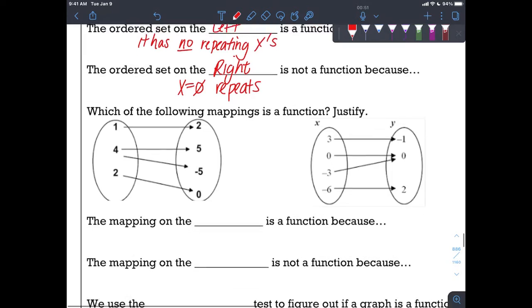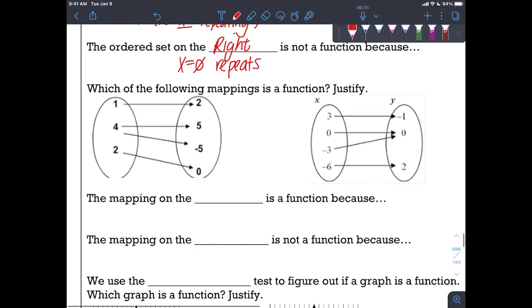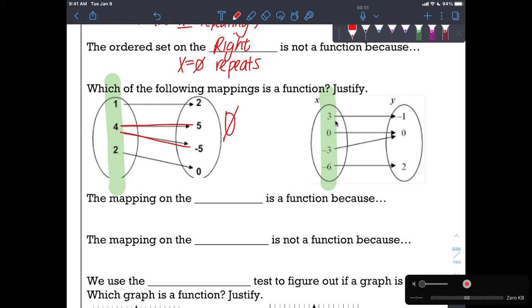Now, what about mappings? Well, all I have to do is focus in on those x's. I'm looking to see if any one of them has more than one line. And I see right here, this 4 has 2. This is not a function. Over here, however, each x has its own separate line.